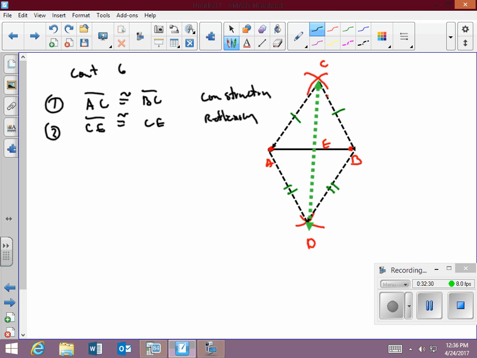The bisected angle. I'm just gonna try to say those two angles are equal by construction 3. That angle ACE is congruent to angle BCE by construction 3.